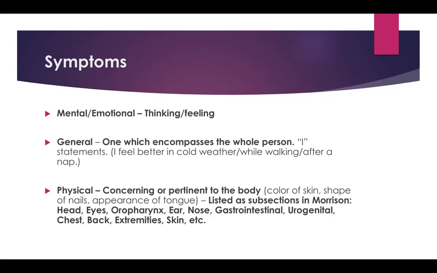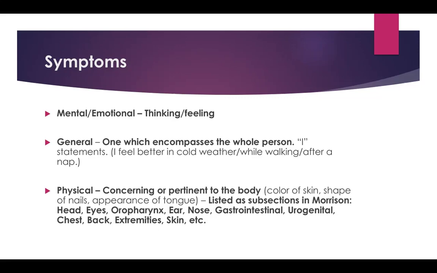And then the physical symptoms, of course, concern a particular part of the body. So, color of skin, shape of nails, appearance of tongue. And in Morrison, he doesn't just have one section that's physical. He divides them out into different sections, and they'll be different depending on the remedy and what physical symptoms are affected by that remedy.